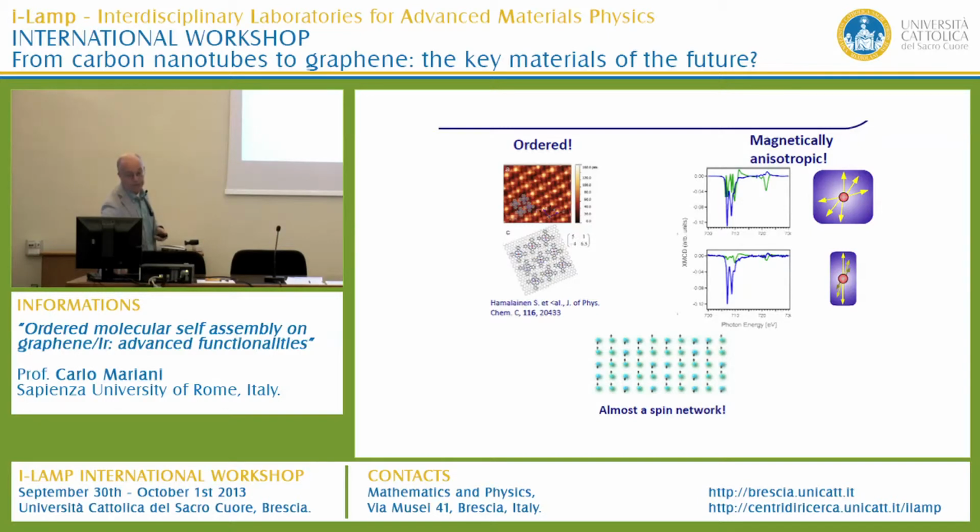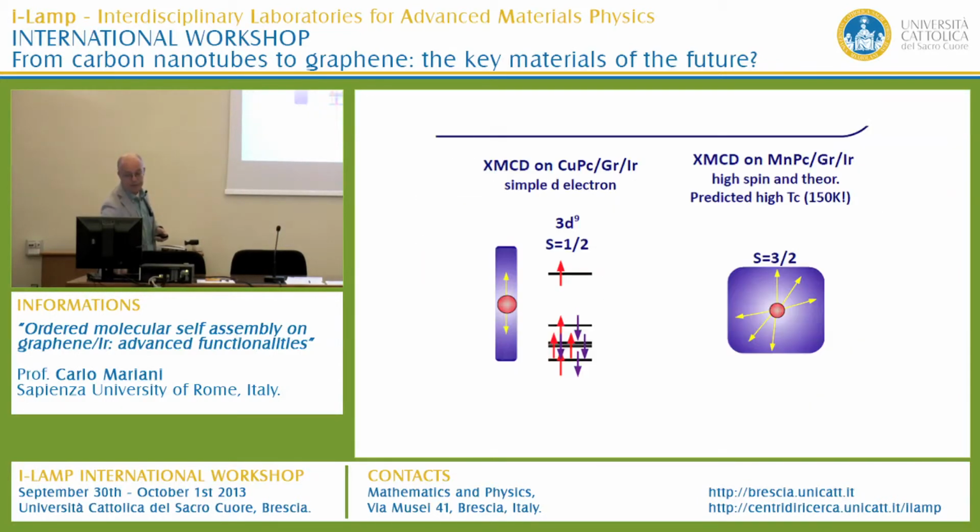Of course, there are limitations, and the limitations are these. It's not written, but I tell you, the critical temperature for the transition from paramagnetism to an ordered magnetic array is very, very low. It is 6 Kelvin.